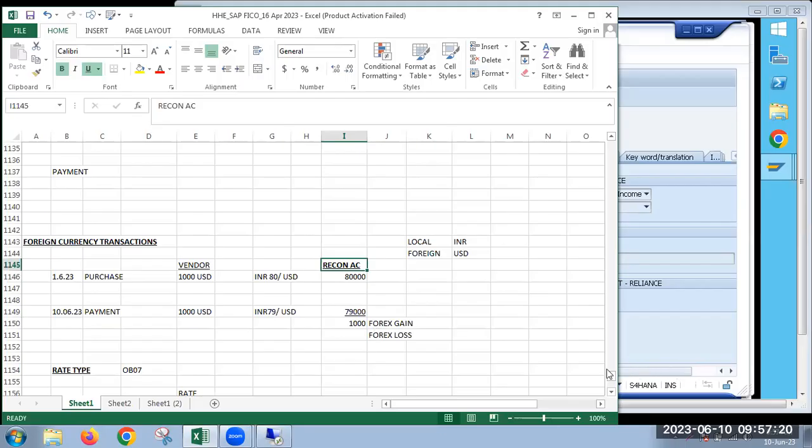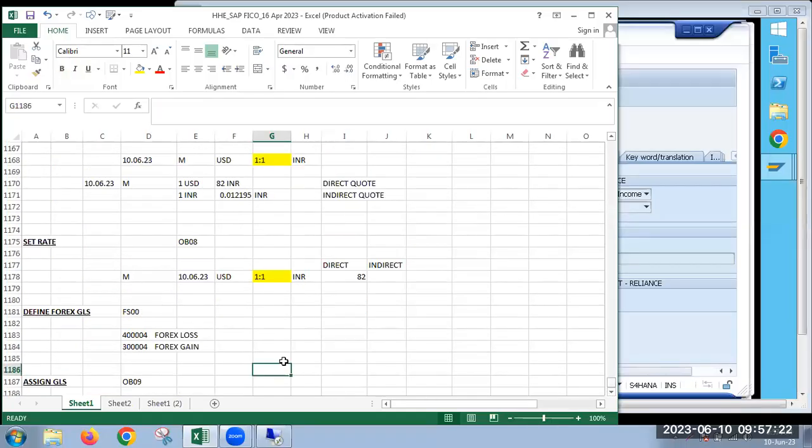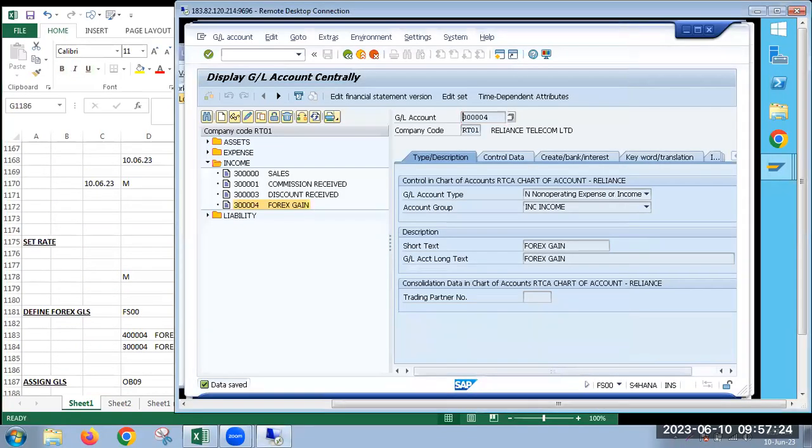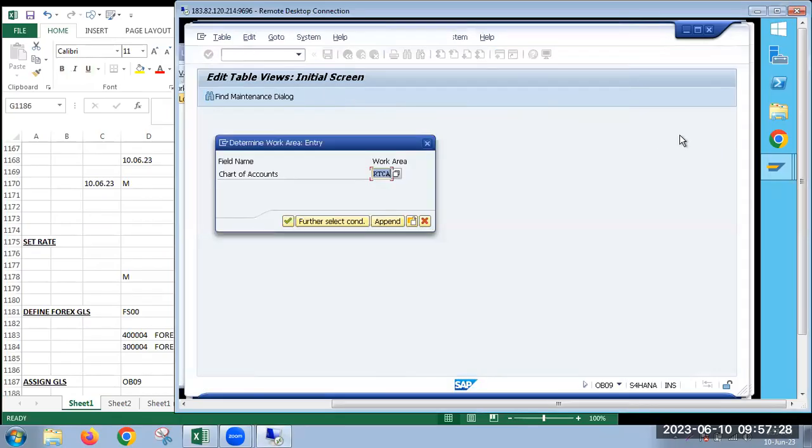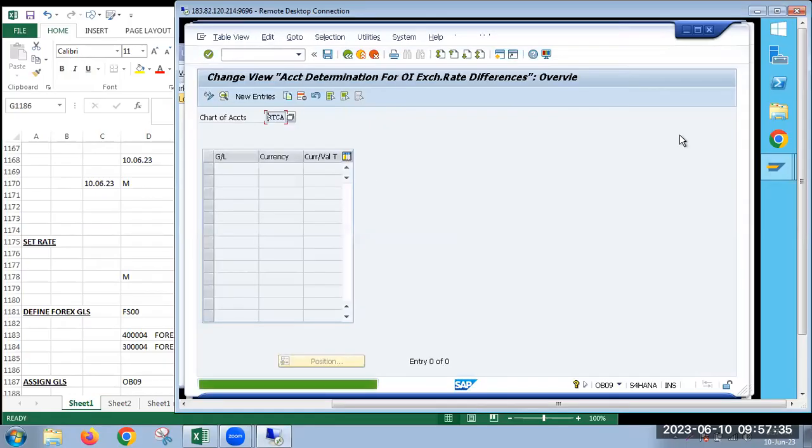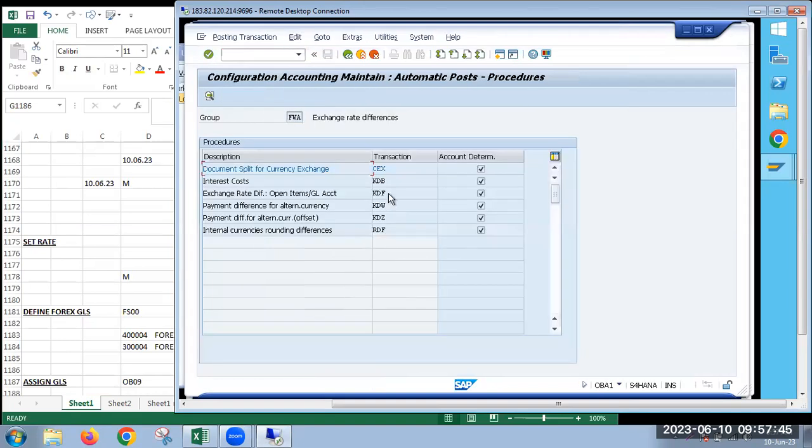Coming back to our configuration with OB09. Again, RTCH, chart of accounts, it's a determination. You enter. Here we have to come directly to the determination. If you go by OBA1, here you can see the transaction key for payment differences.